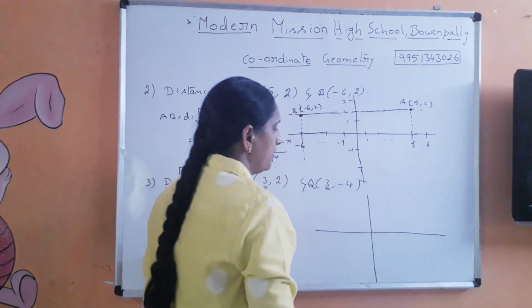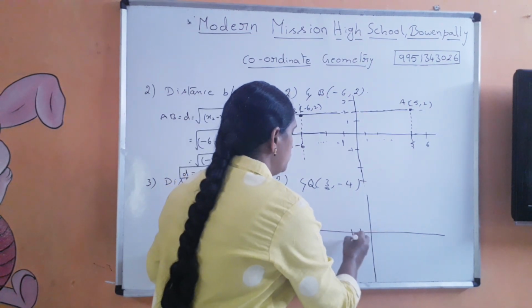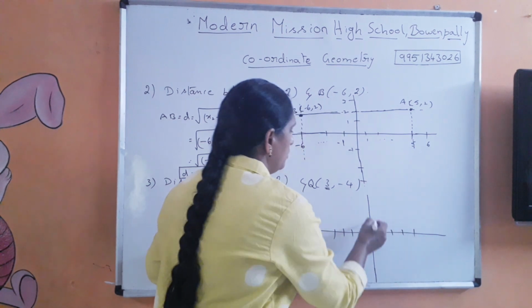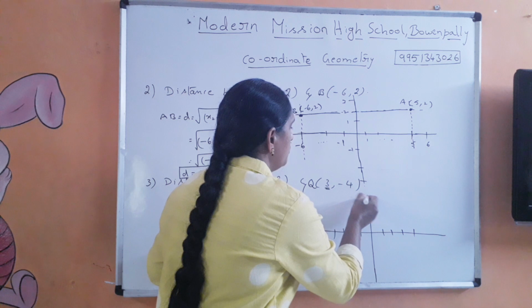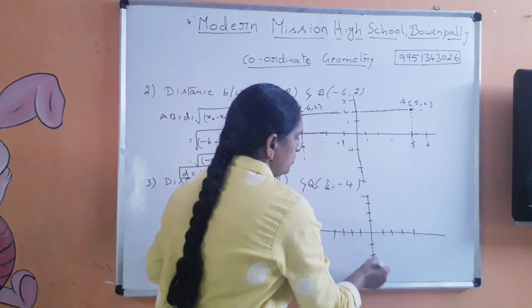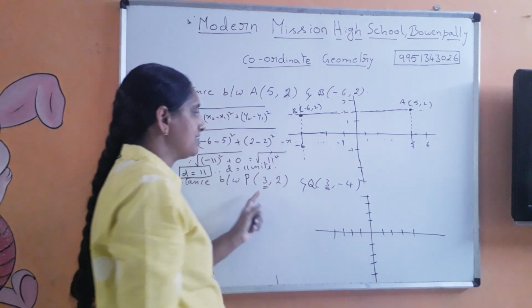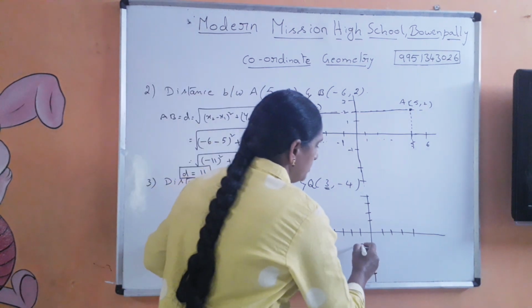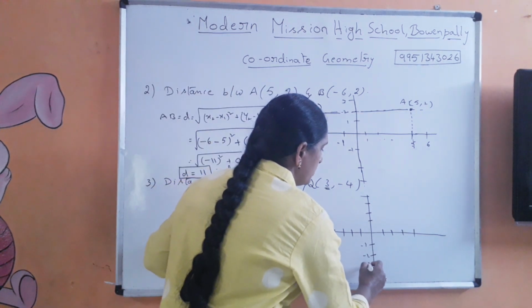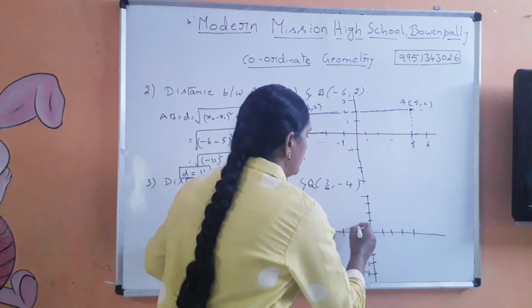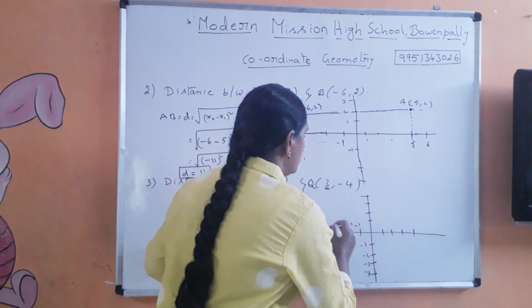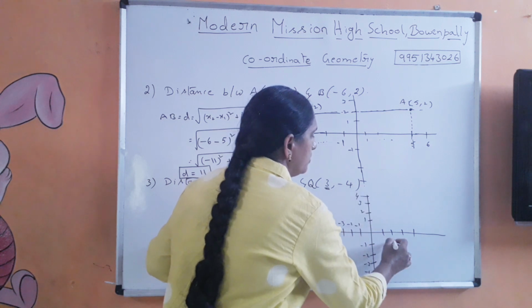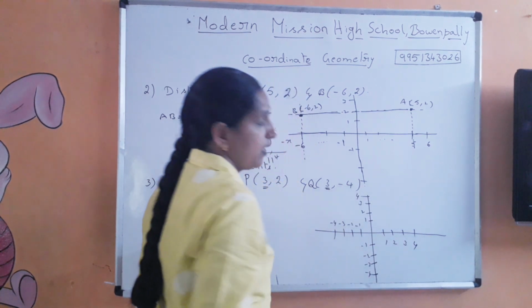So let me take it like this: 1, 2, 3, 4. 1, 2, 3, 4. I am limiting myself depending on the values given here. Now this is minus 1, minus 2, minus 3, minus 4, and again minus 1, minus 2, minus 3, minus 4.